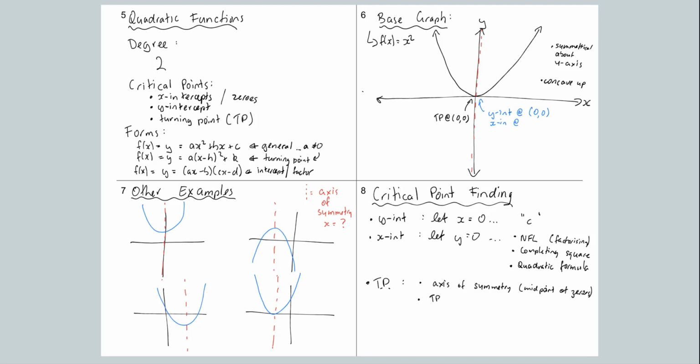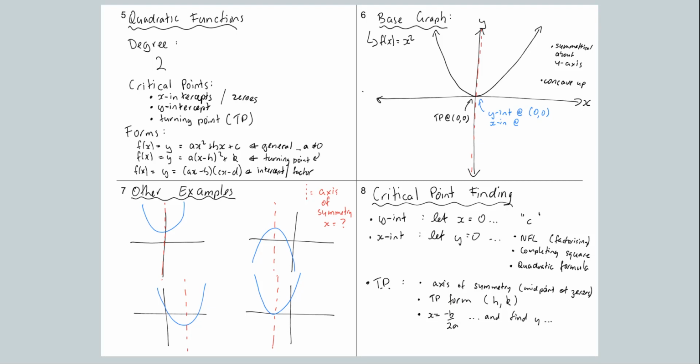You've got turning point form, where h comma k is the turning point. We'll explore this in more detail over the next bunch of videos. And you've also got x is equal to negative b on 2a as being the x coordinate, and then find the y coordinate. So you can do that. It's a bit mathematical, the negative b on 2a, but we might spend some time trying to explore why that works.